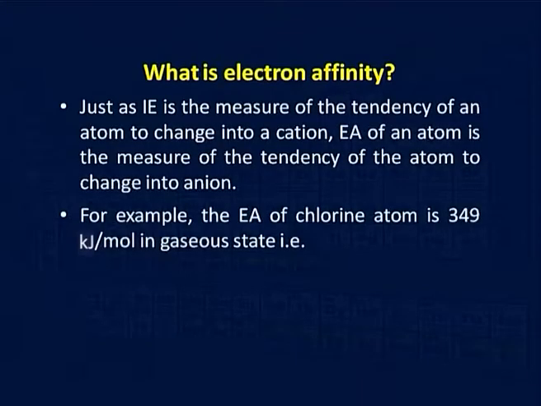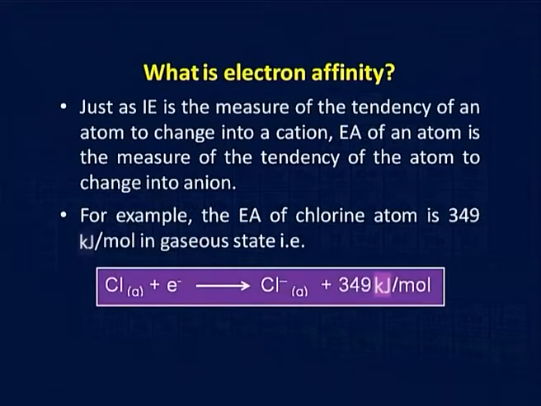For example, the electron affinity of chlorine atom is 349 kilojoules per mole in gaseous state. This shows that when a chlorine atom in gaseous state gains an electron, it changes into the chloride ion in gaseous form, and 349 kilojoules per mole of energy is liberated.